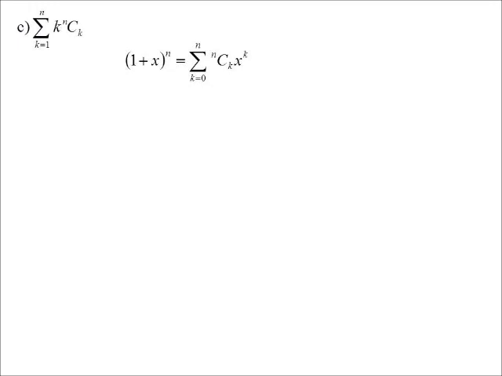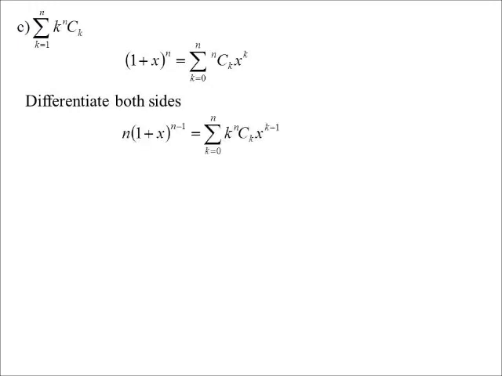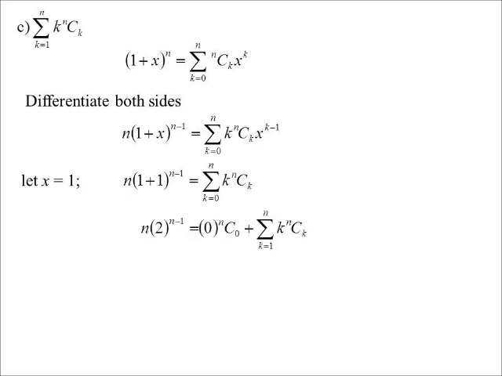Well, differentiation will do that. So if I differentiate both sides, the left-hand side, n times (1 plus x) to the n minus 1, the right-hand side will become k times nCk x to the k minus 1. Now if we do a substitution of x equals 1, that gets rid of the x's on the right-hand side.